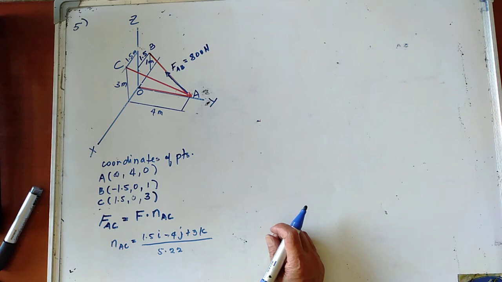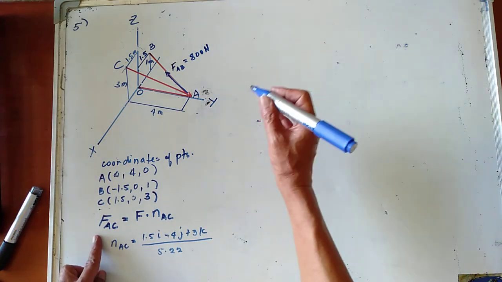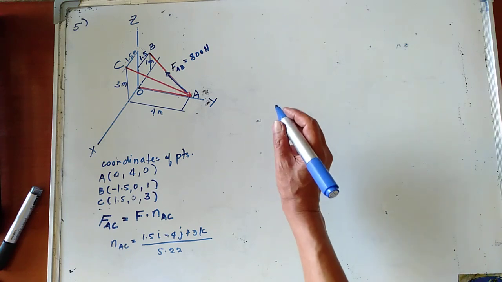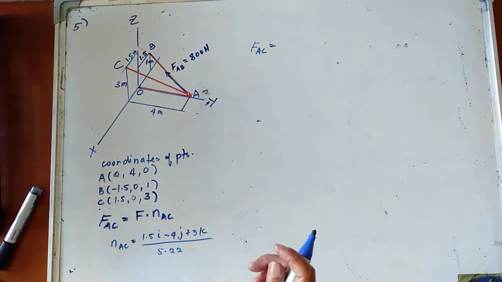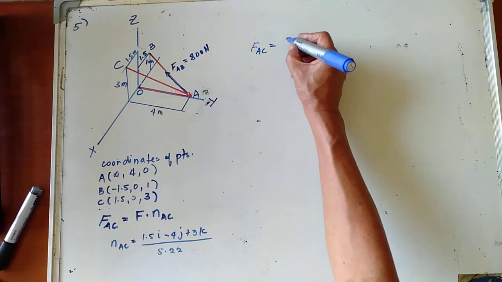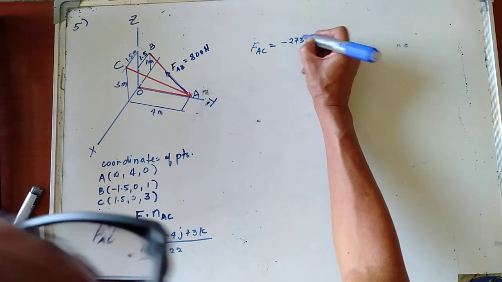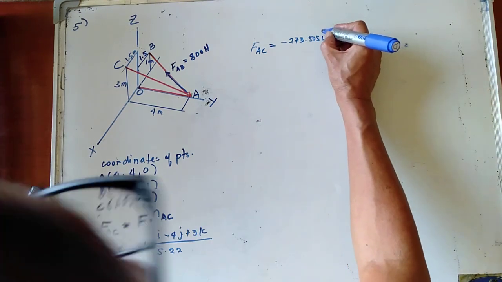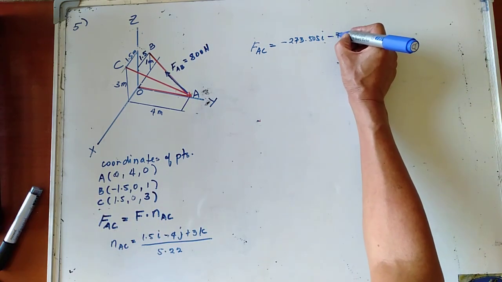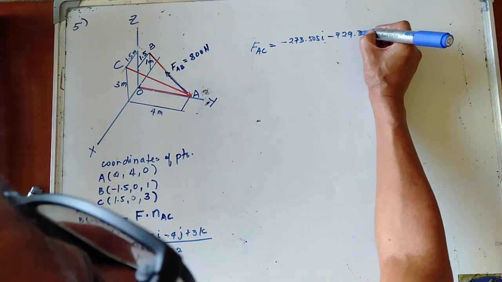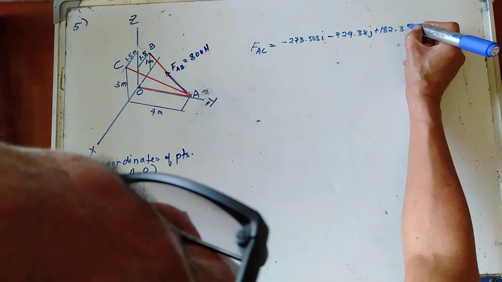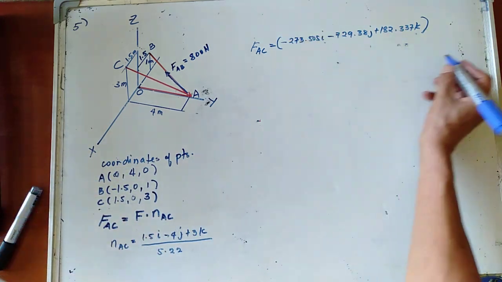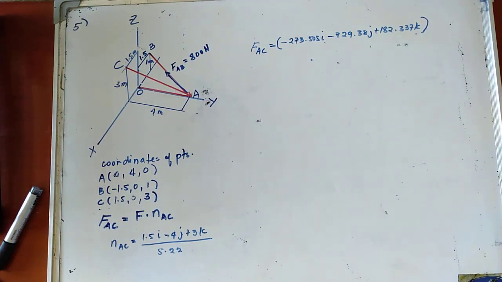So F_AC is the dot product of the vector F, negative 273.505i minus 729.348j plus 182.337k, with the unit vector AC.